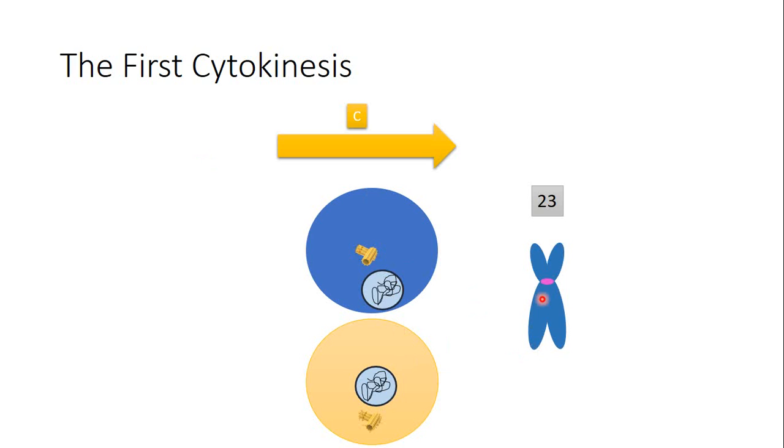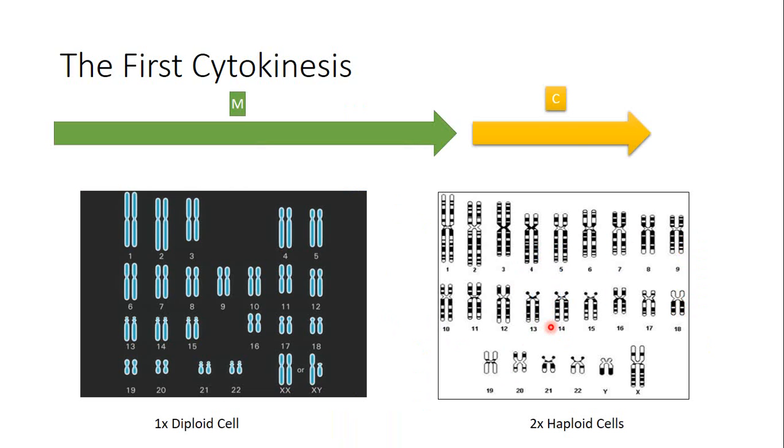But what's very important to know is that on each side, every one of these 23 chromosomes has 2 sister chromatids. So we have 23 chromosomes in cell number 1 and 23 chromosomes in cell number 2, and every chromosome is made up of 2 sister chromatids.